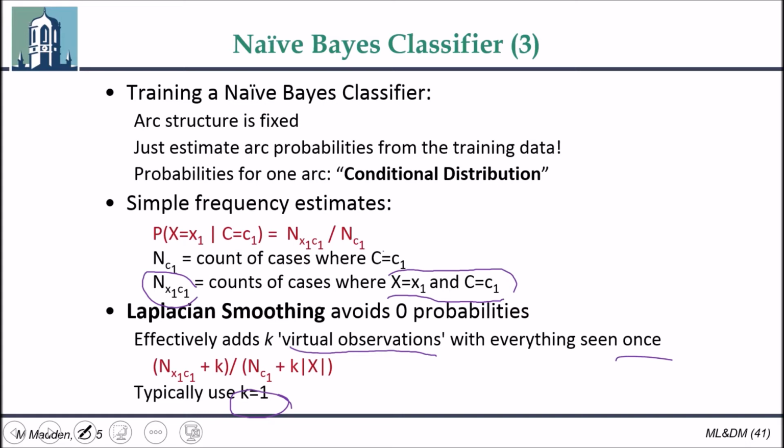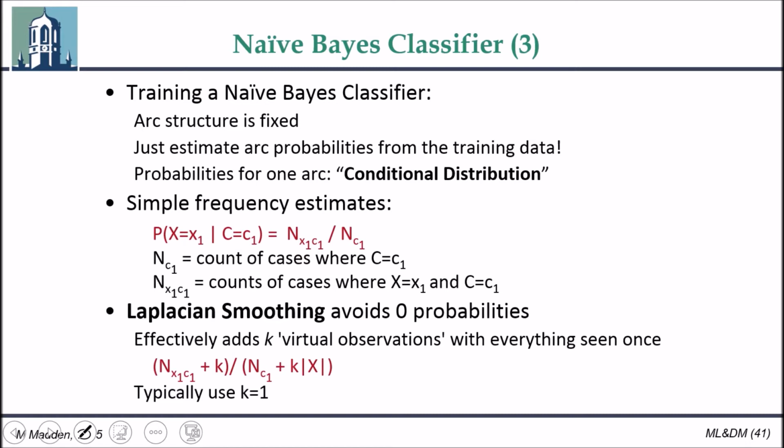So they're not going to swamp your calculations, but it'll apply some minimum probability to all possible combinations of your data based on how many possible combinations there are. Okay. Right now, you might find that a little hard to follow. We will work through an example of Laplacian smoothing later, and I hope that when we do that, it will become a little clearer.